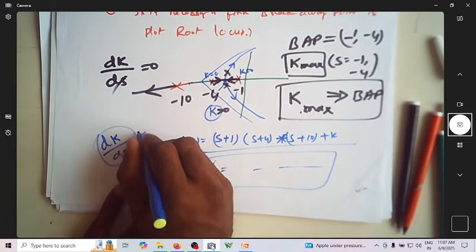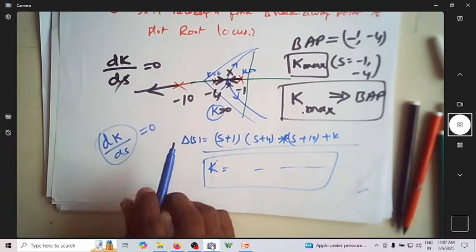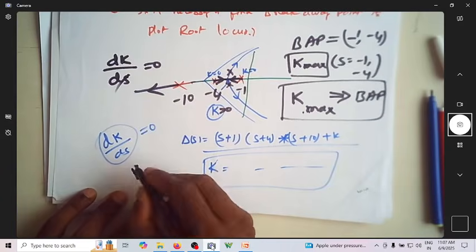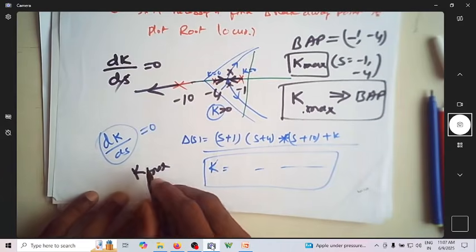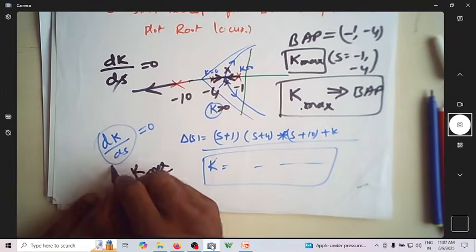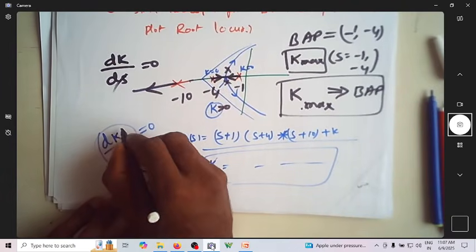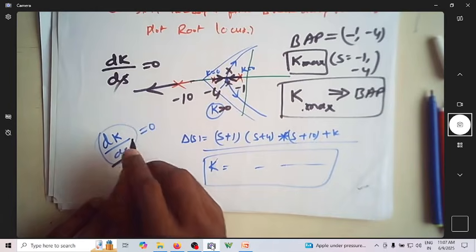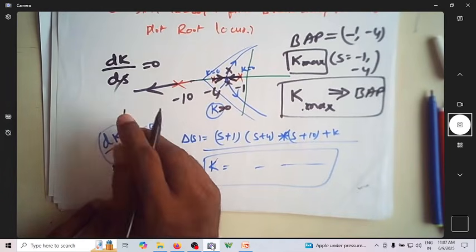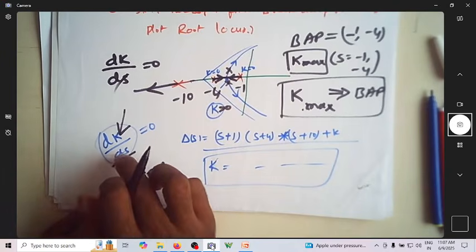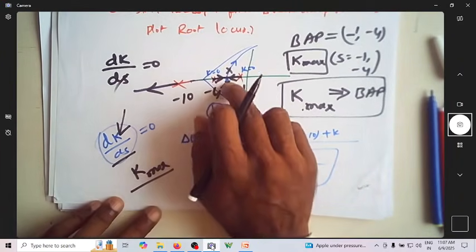In mathematics, whenever you have a value which is maximum, if you differentiate it with respect to s and equate to 0, you are trying to find the value of s at which the system has repeating poles.